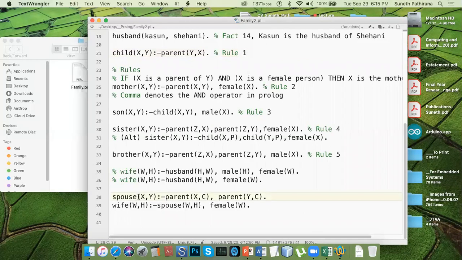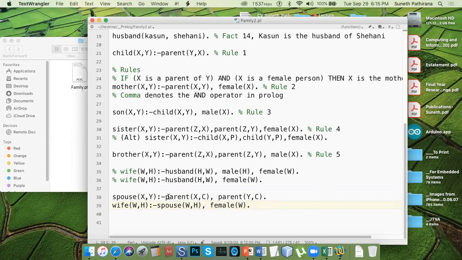So then spouse. Now I'm going to define this function, spouse, and this is the generalized case, from general to specific. So the spouse wife is going to be a female spouse. Apparently this seems to be a better way of defining the rules.